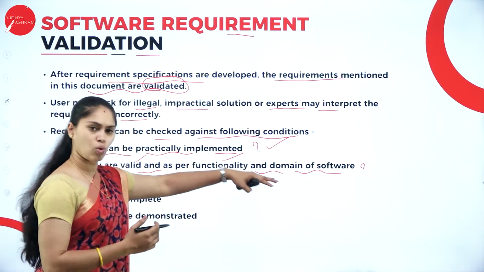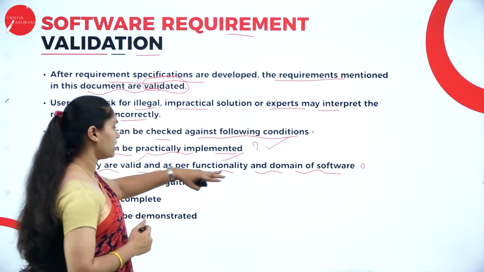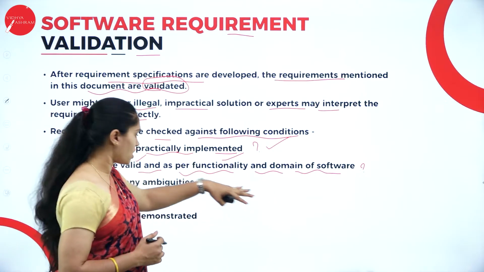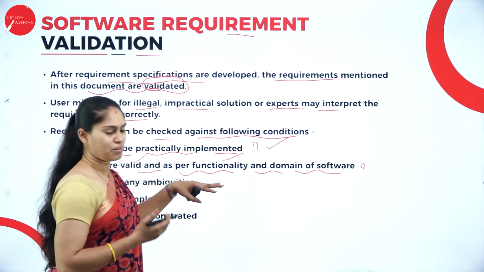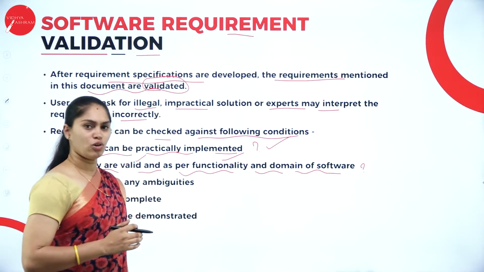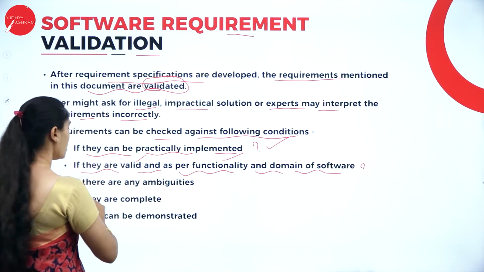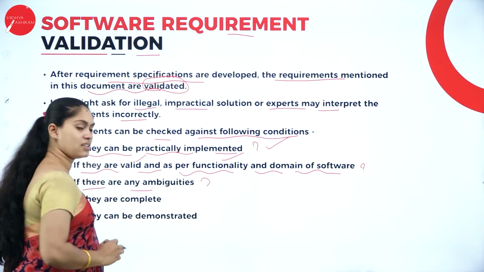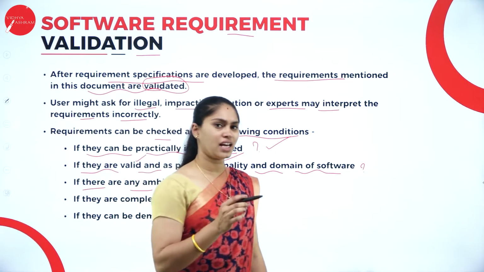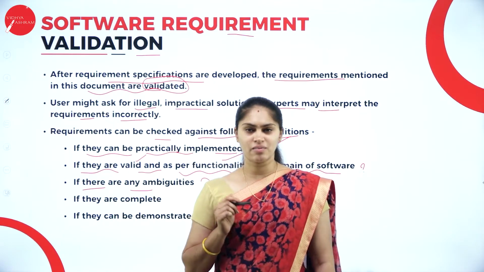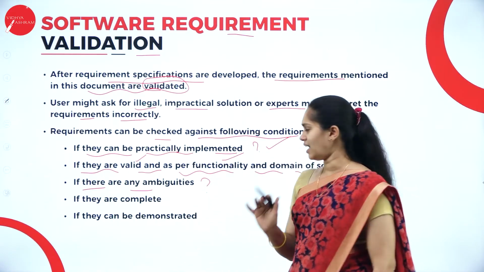If it is okay, then they will also say that it is working based on the functionality, and that these requirements are valid and within the domain of the software. Also, if there are any ambiguities, that means confusions, this is your actual requirement, and if not, tell us now.